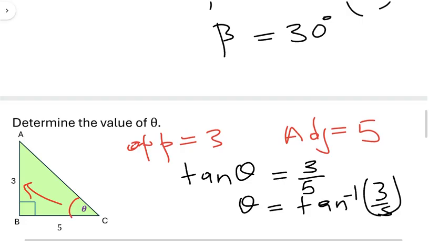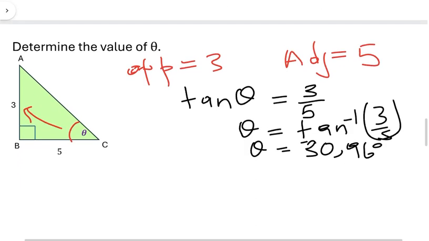Shift tan of 3 over 5, close bracket, then you are going to get theta equals 30.996 degrees.